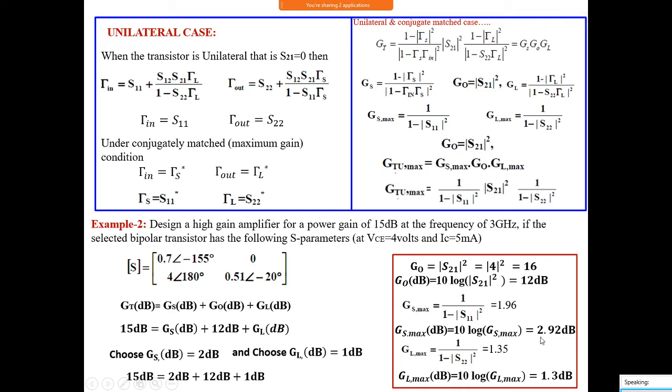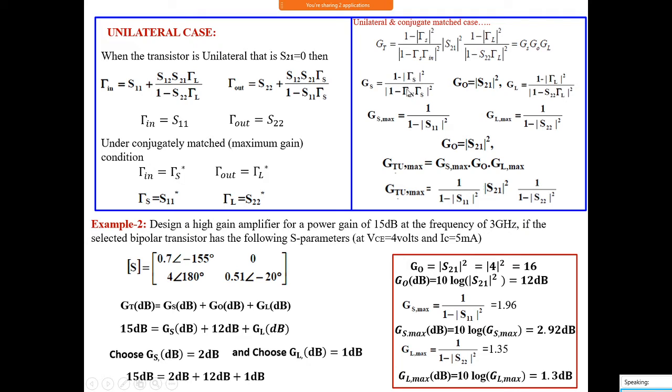Now, as we discussed in the previous class, to get GS equal to 2 dB, how do we get that? The GS equation is this. This is the expression for GS. We wanted GS to be 2 dB, whereas the maximum is this value.